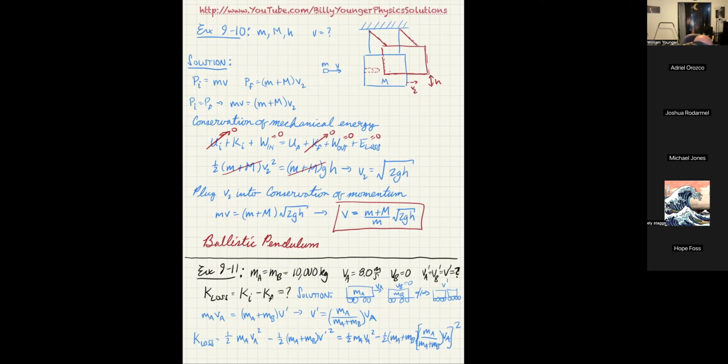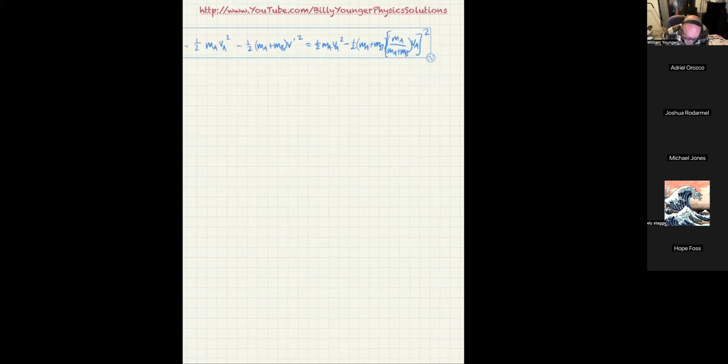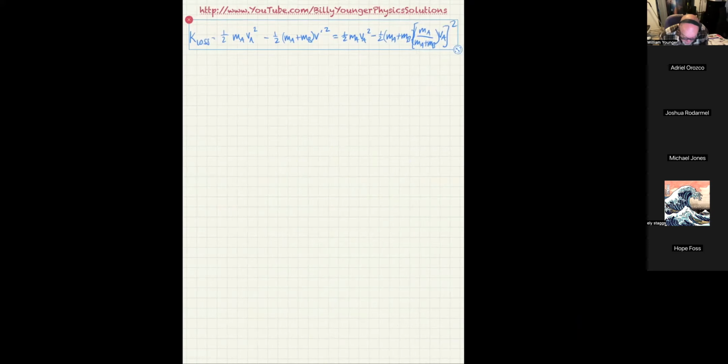Now, I really overestimated my ability to fit this in space. I'm going to copy it to the next page using my little lasso. So I'm going to say copy, turn over to the next page, and paste. And that looks pretty good.